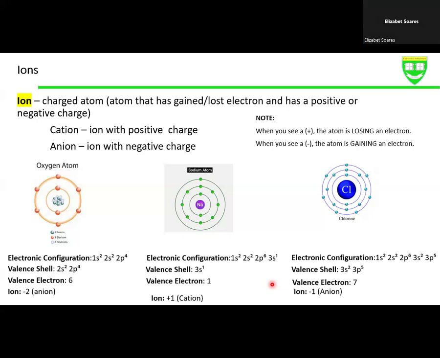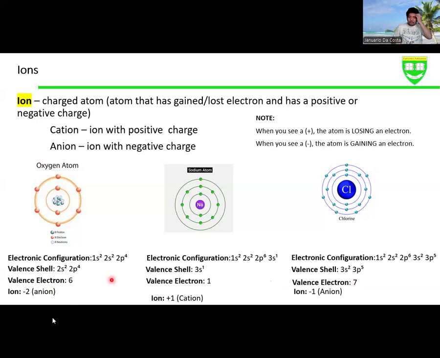Is it a cation or an anion when receiving an electron? An anion. Why? Because it is a negative charge. Okay. If you gain an electron, you have a negative anion. Good. All right. Do you understand the ions? Any questions?